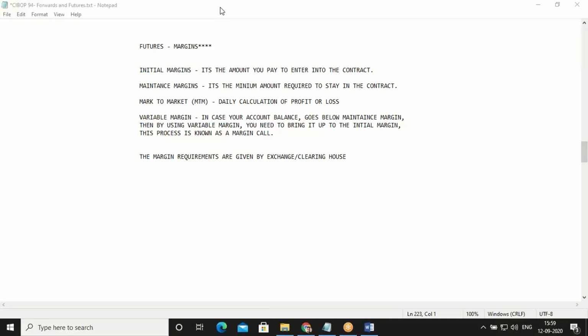Without paying the whole amount, they can do the business. The buyer and the seller just give the margin amount to the exchange clearing house. You cannot pay less than the margin amount. It has to be the margin amount, and only then can you enter into a futures contract. Don't worry, we'll do a couple of examples about this.